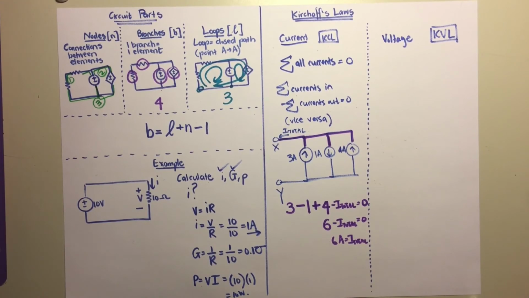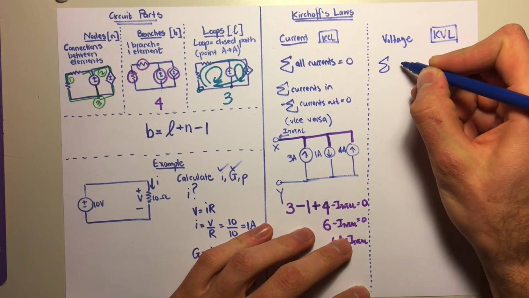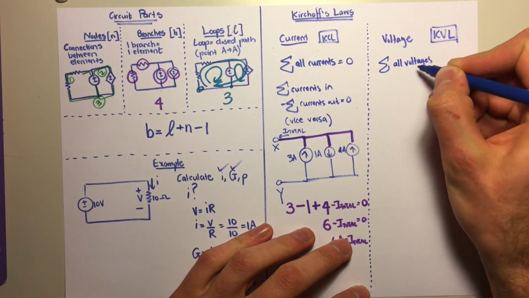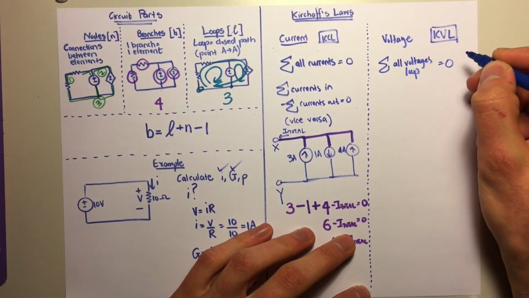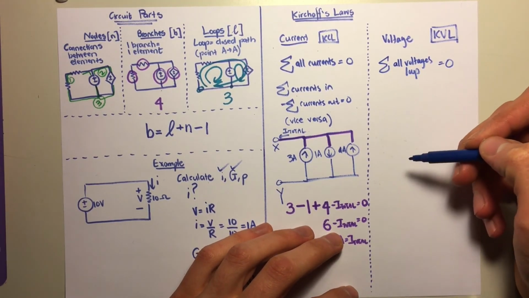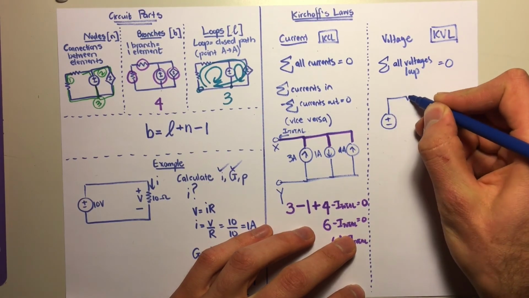Then we look at Kirchhoff's voltage law, which states that the sum of all voltages in a loop must be equal to 0. So whatever voltages you find in a loop must be equal to 0. So let's look at an example of this so you can understand what I'm saying.